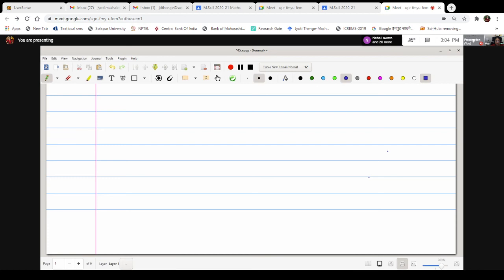Now again we will use the same trick as we used in the first part of the proof. Since M is a subspace, for these two vectors, half times y naught plus z naught is in M again. Why? Because y naught and z naught are both vectors in M, and to prove the uniqueness, the same trick, the parallelogram law.